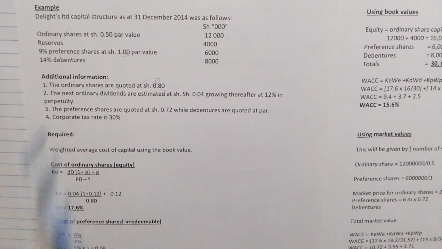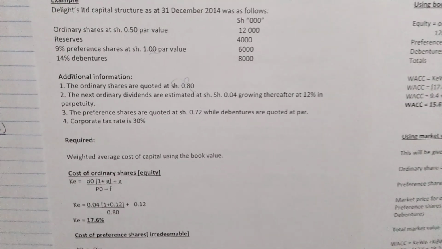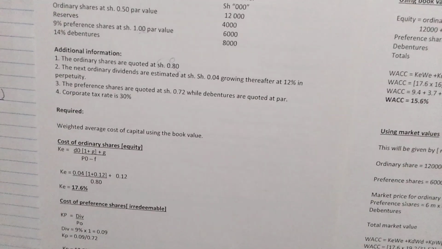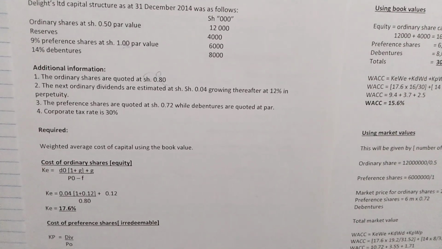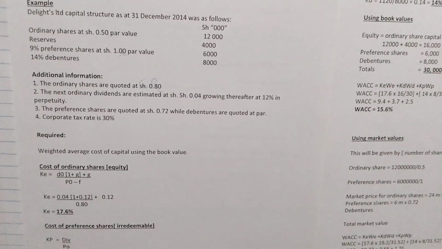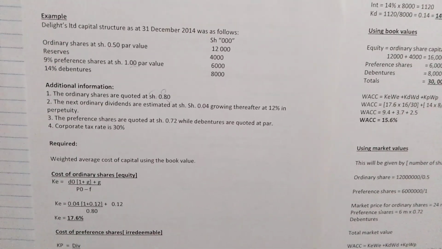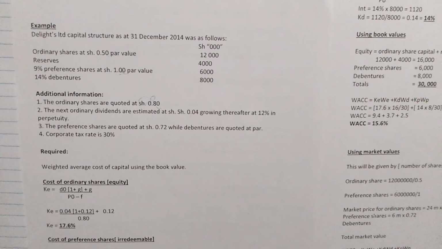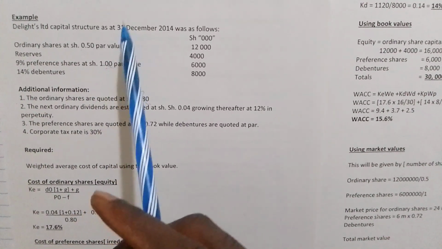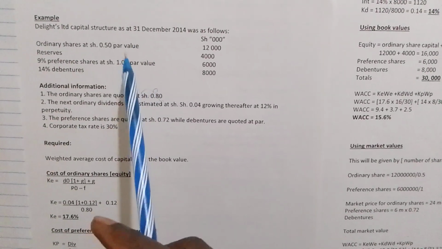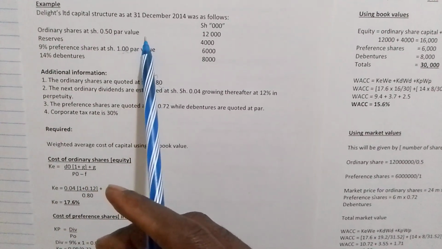Weighted average cost of capital, WACC, means the cost of existing capital elements, not the cost of raising additional. So what did it cost us to have these ordinary shares?